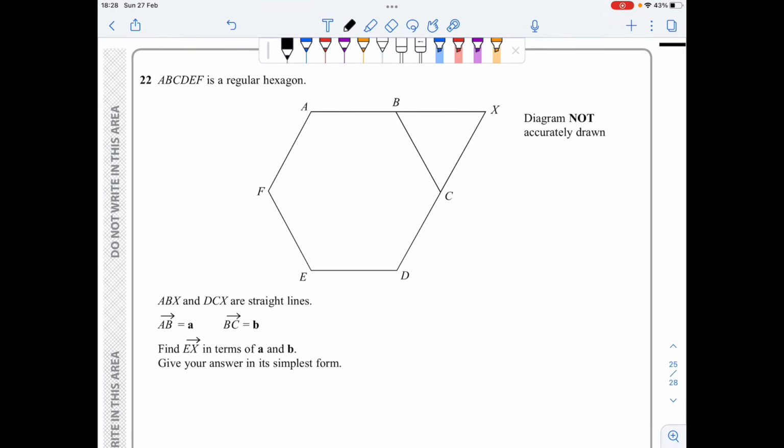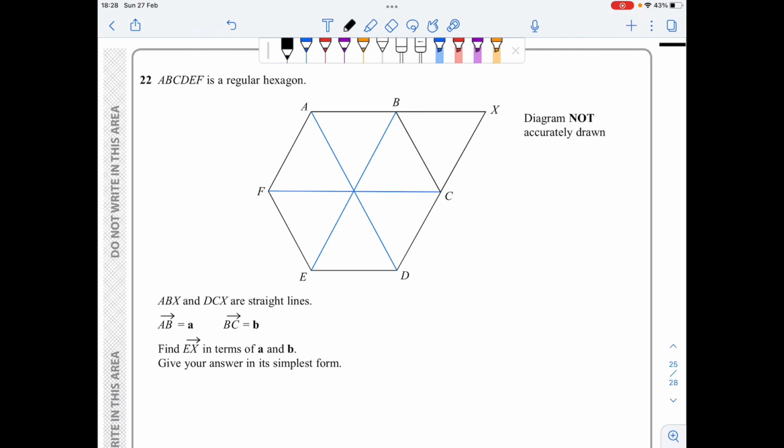In question 22, I have a regular hexagon, and the nice thing with the hexagon is that I can divide it into 6 identical triangles, and each of those 6 lines, the blue lines, are equal in length.